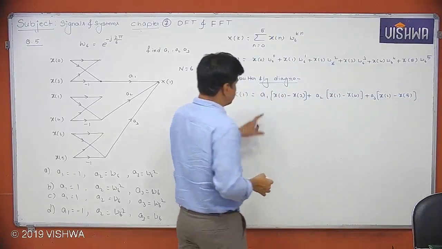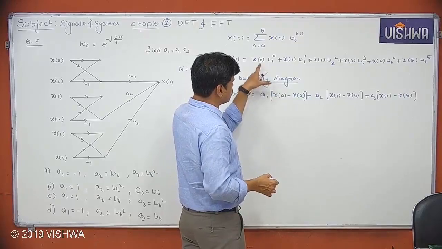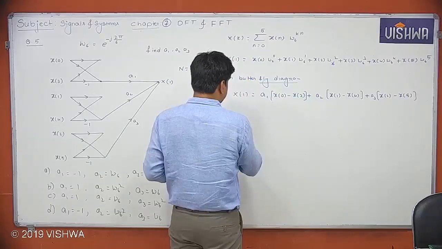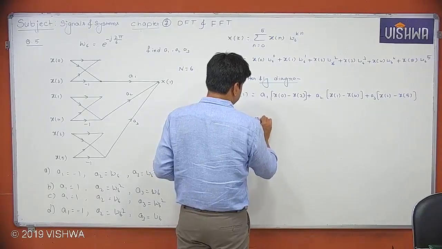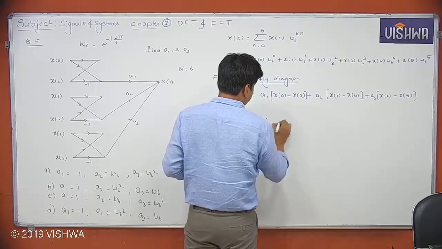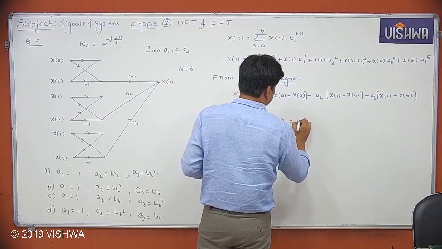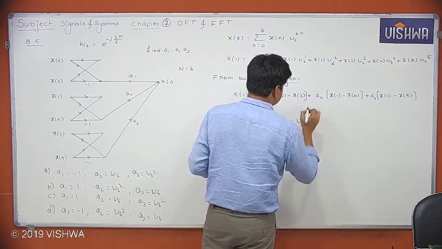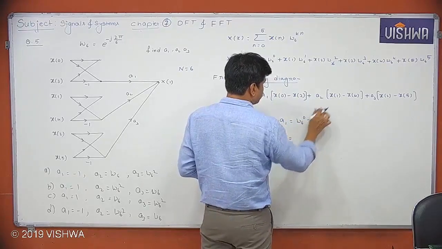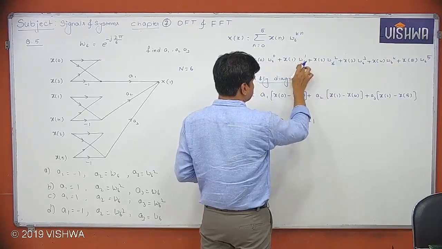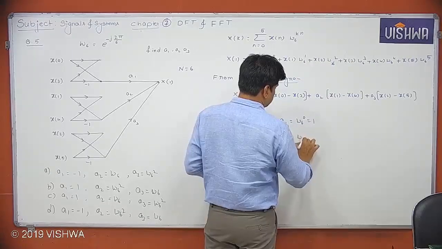Now if you observe carefully, a1 is nothing but the coefficient of x of 0. So by comparing, a1 is equal to w6 power 0, that is nothing but 1. What is a2? That is the coefficient of x1, which is w6 power 1.